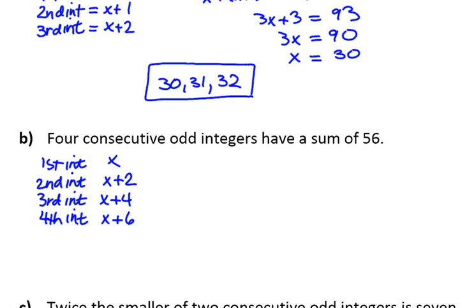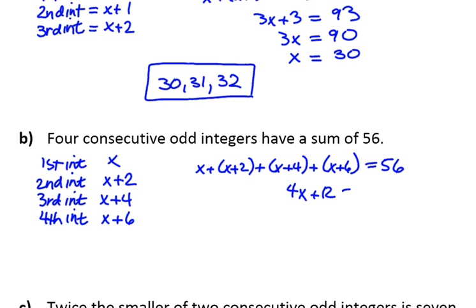They're going to have a sum of 56, so x plus x plus 2 plus x plus 4 plus x plus 6 equals 56. Add them up, combining terms, that's 4 x's, and 6 and 6, so plus 12 is 56.